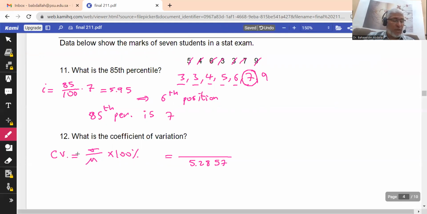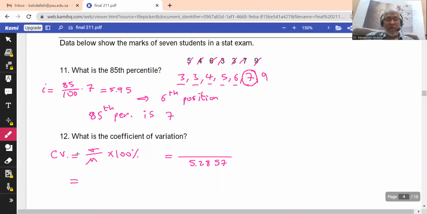All right. And you can go to shift stat number 1 variance, and ask for number 4, which is the standard deviation. If you deal with it as a population, it's okay. If you deal with it as a sample, it's okay. I think there is no problem with that.